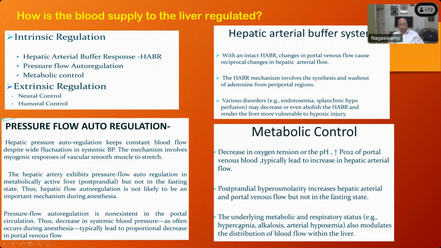The underlying metabolic and respiratory status, hypercapnia, alkalosis, arterial hypoxemia, also modulate the distribution of blood within the liver. So these three are the intrinsic regulatory factors of blood supply to the liver: hepatic arterial buffer response, pressure flow auto-regulation in the hepatic artery, and metabolic control.